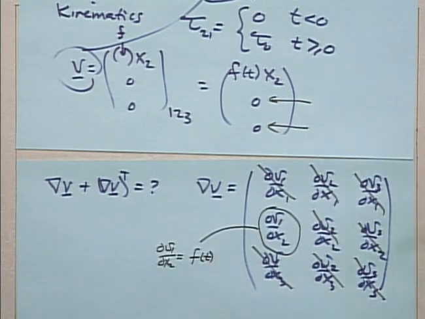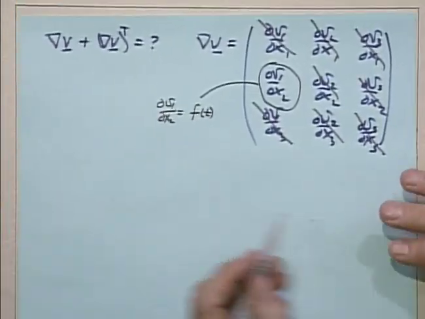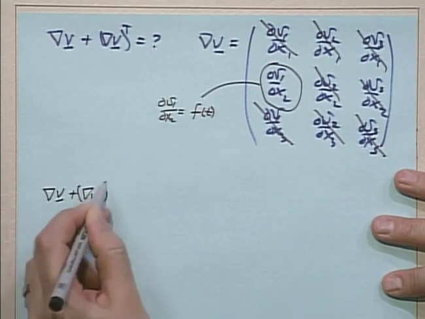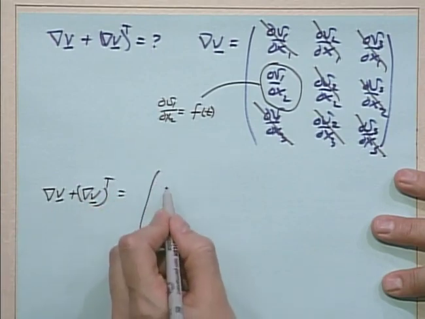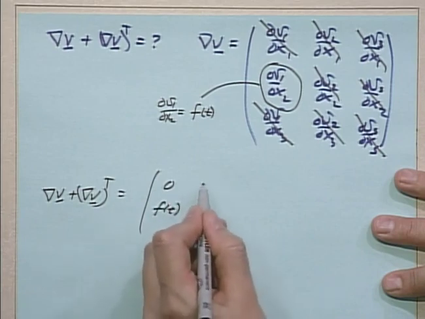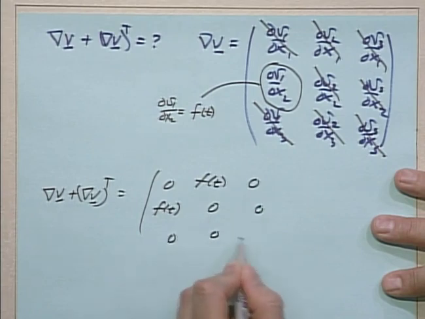Right. So del v plus del v transpose: there's an f of t here, but then when I add the transpose, there's an f of t here, and everything else is 0.